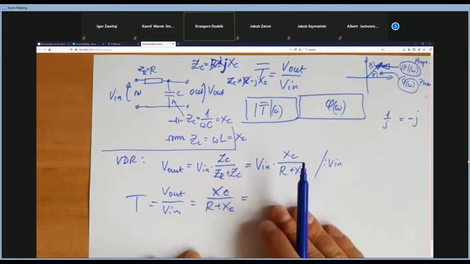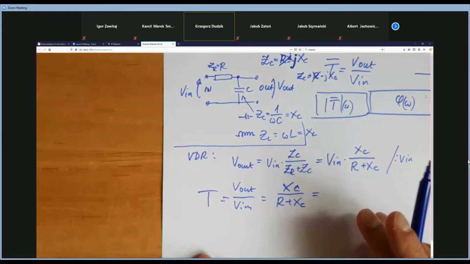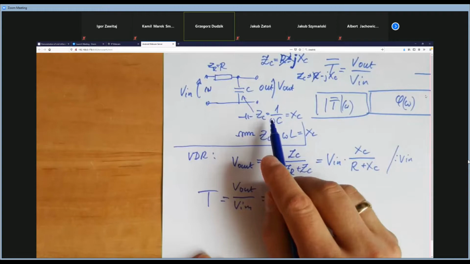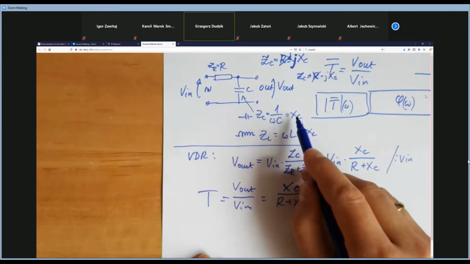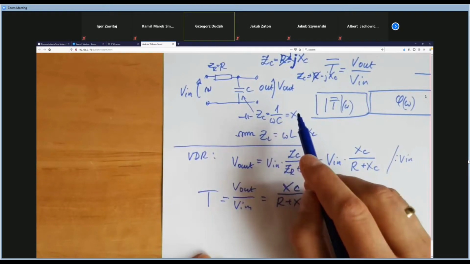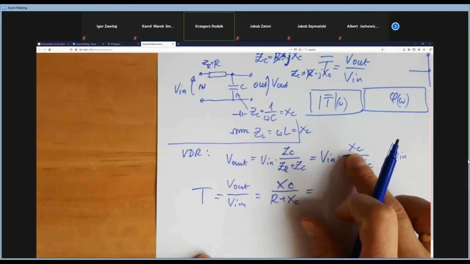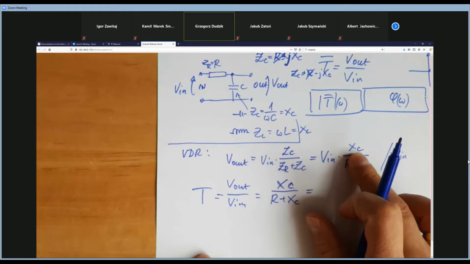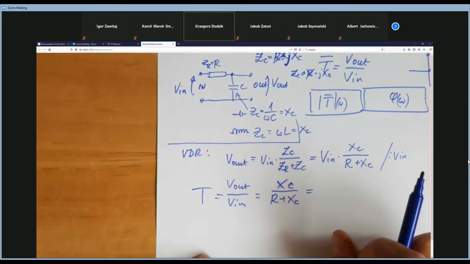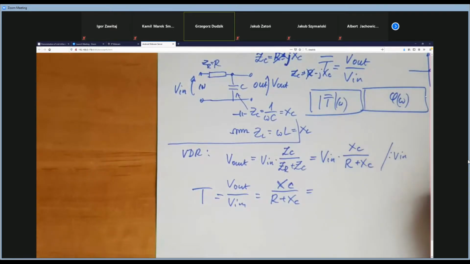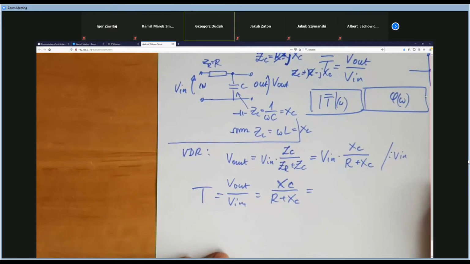So here, this is just the reactance. However, here we have to add the J, because we have to indicate which component is the imaginary part of the transmittance.